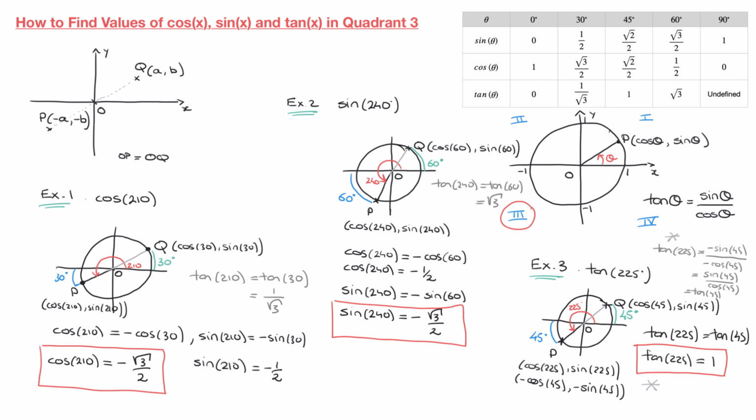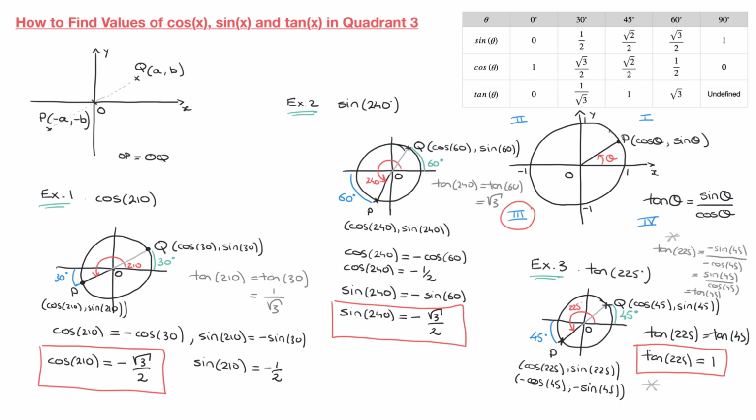And to finish this video, we can generalize all of the results we've just seen for sine, cosine, and tangent. Here's the whole idea. Since each time we placed our point P, we considered the point that was diametrically opposite to it in the first quadrant. Indeed, that's what we did for example 1, example 2, and example 3.